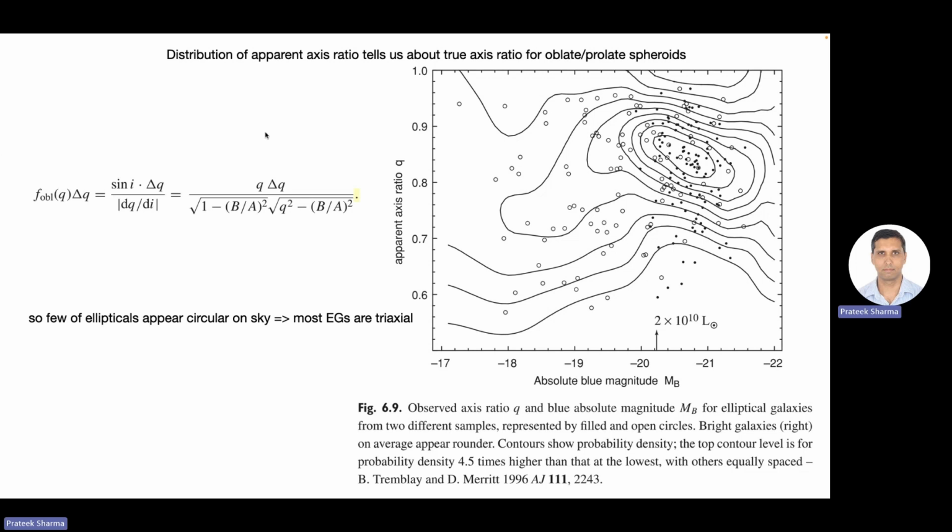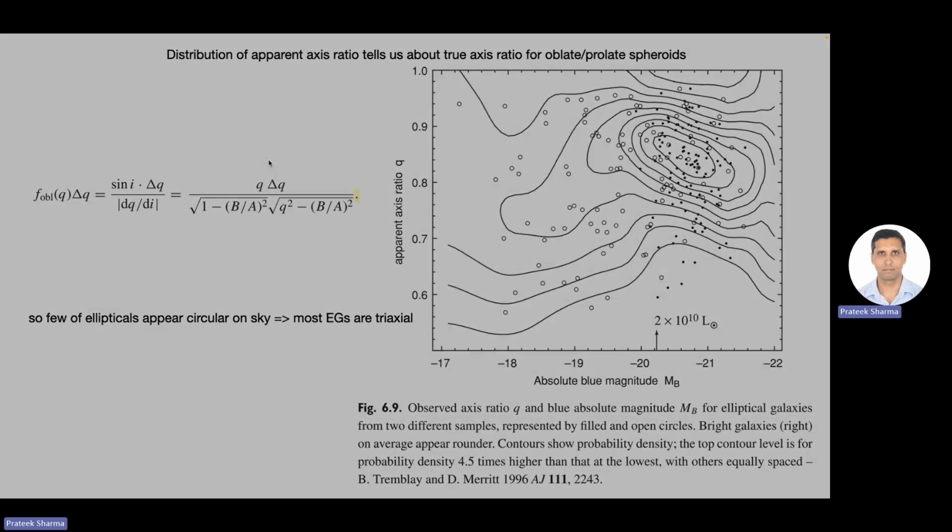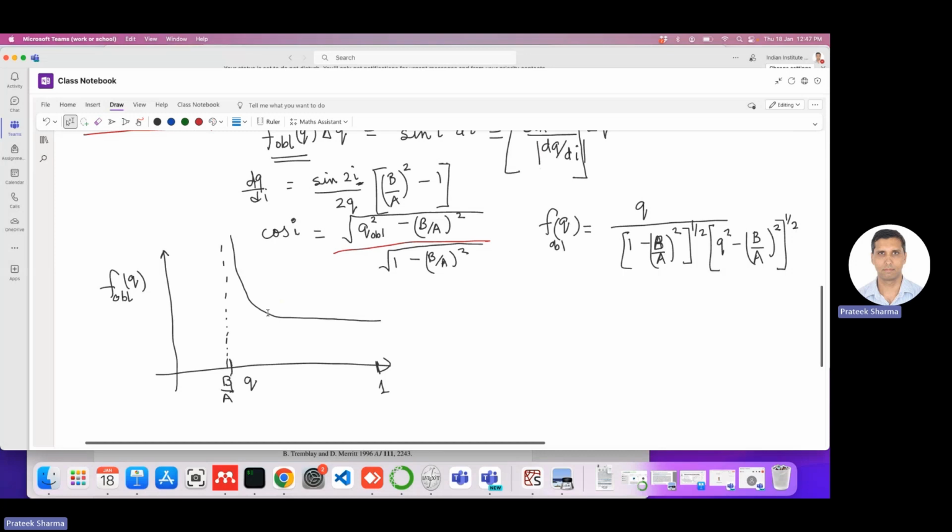So about this stuff, if you look at spirals and S0 galaxies, it's sort of an observational fact. So you see the shapes rounder than Q equals 0.2 with uniform probability. Basically, if you look at this graph that I showed, this flat part is centered where Q is equal to 0.2.